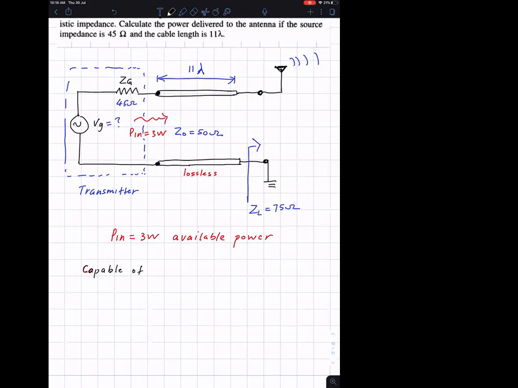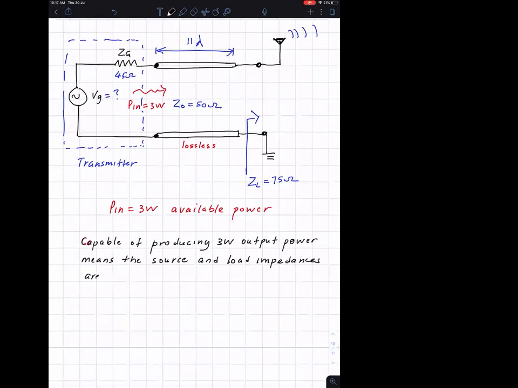Capable of producing 3 watt output power means the source and load impedances are matched to the line.